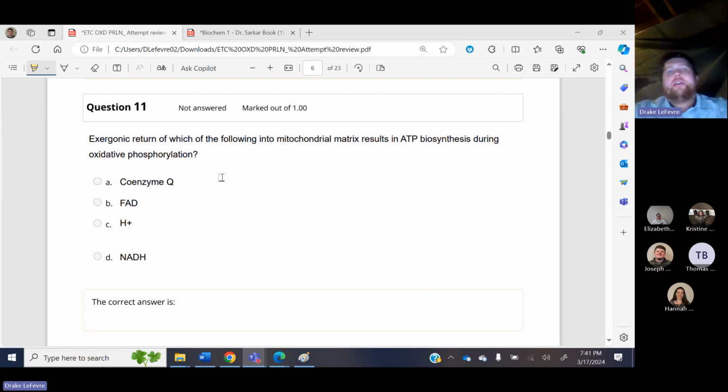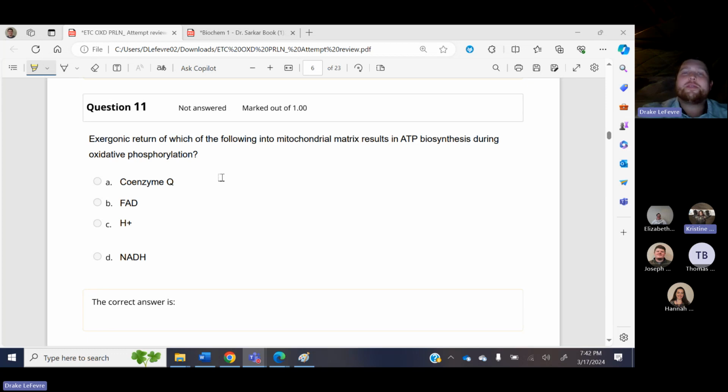Exergonic return of which of the following into the mitochondrial matrix results in ATP biosynthesis during oxidative phosphorylation? That's a lot of words to say what moves into the mitochondrial matrix to produce ATP. Hydrogen. A hydrogen.